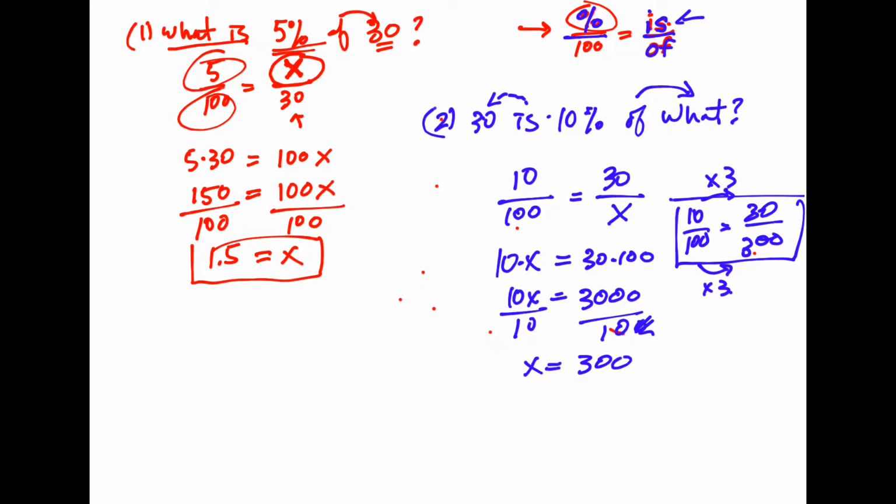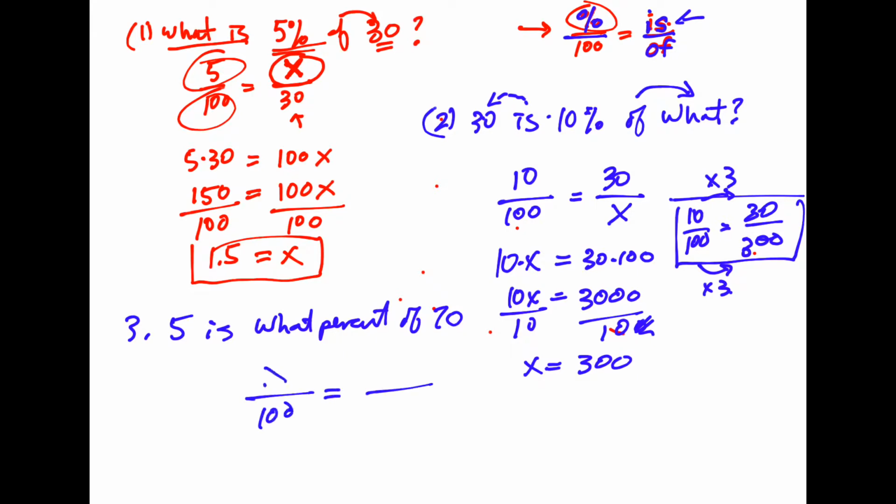The percent could also be unknown. So we could say 5 is what percent of 70. So the unknown here is the percent, x, so the part over 100. 5 is my is, so 5 goes up here. Of is 70, so 70 goes down here.